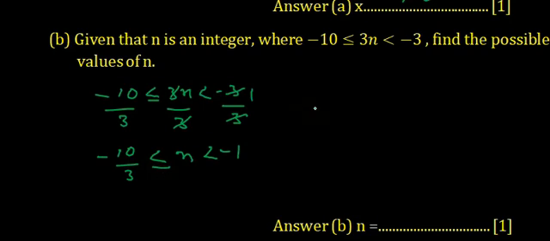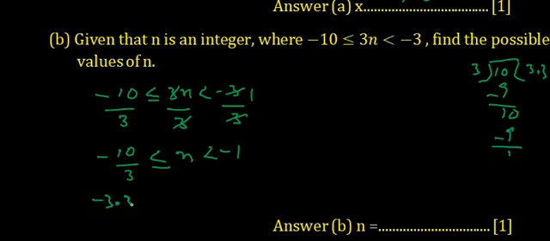Now we solve minus 10 by 3. 3 threes are 9, remainder 1.0, so it is 3.3. So minus 3.3 is less than or equal to n, and n is less than minus 1.